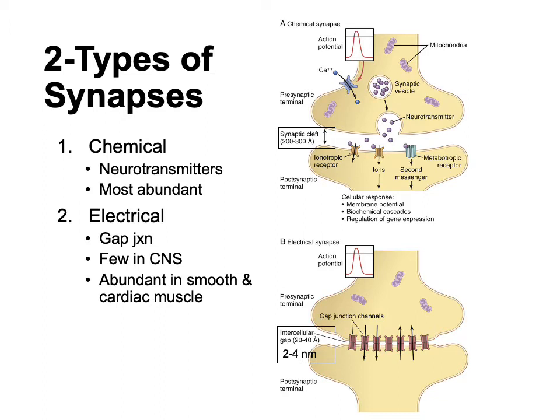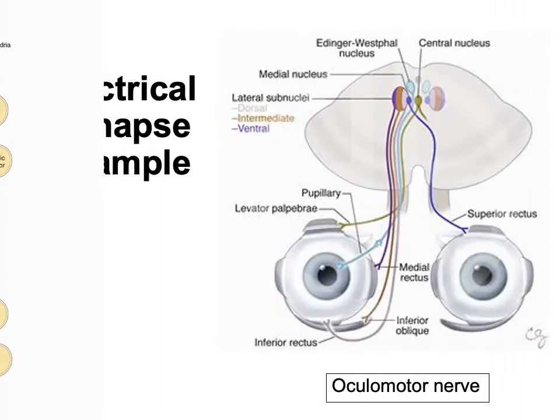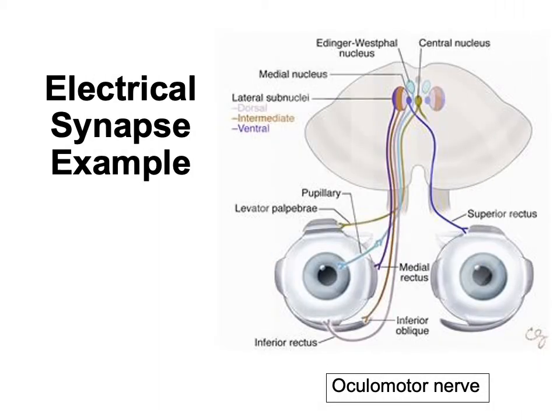There are very few of these in the central nervous system, but they are abundant between smooth muscle and cardiac muscle. We'll talk about those when we get to those subjects. This slide of the oculomotor nerve is just one example of an electrical synapse in the CNS.